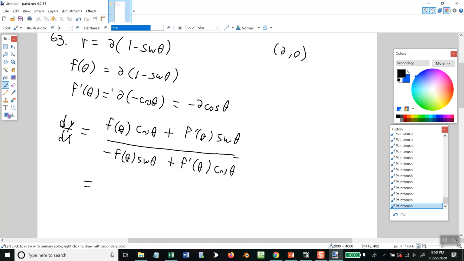So if we plug in what we found, f of theta is 2 times 1 minus sine theta, times cosine theta, plus f prime, which is minus 2 cosine theta, times sine theta.